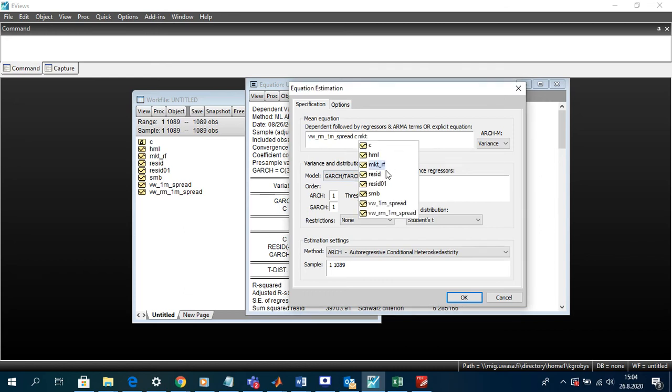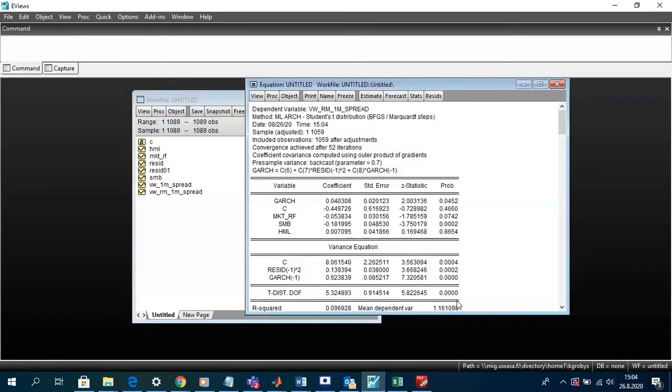We can also choose again here in the mean equation to control for the Fama French risk factors. Everything else should be the same. Again, push the OK button. And now it becomes again an outcome that we enjoy to see.